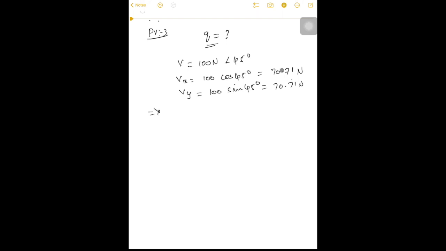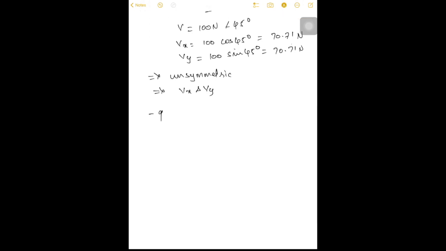So our section is unsymmetric, and they have given two loads Vx and Vy, so our shear flow formula is minus q equal to (Vy Iyy minus Vx Ixy) divided by (Ixx Iyy minus Ixy square) into summation of A into y.